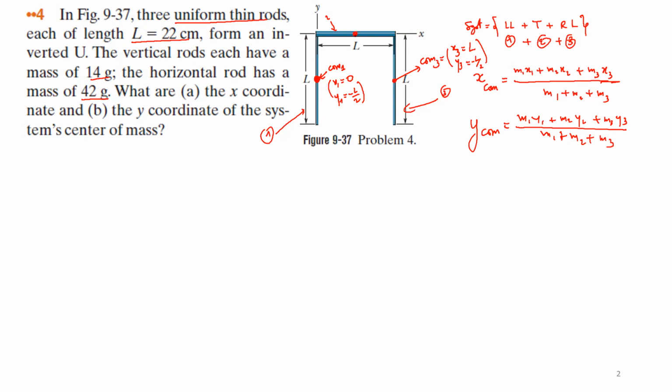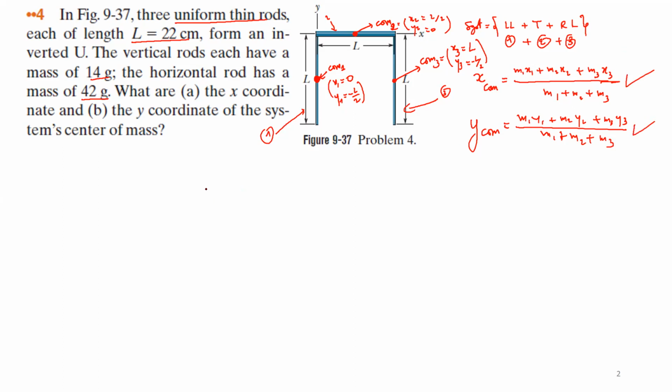And the center of mass of the top part of my table has 2 components, x2 and y2. Of course, x2 is equal to L over 2, and y2 is equal to 0. Okay. So whenever you have a complex geometry, you cut it into simple geometries and you locate the center of mass of each of these simple geometries, and then you apply these formulas, this one and this one.